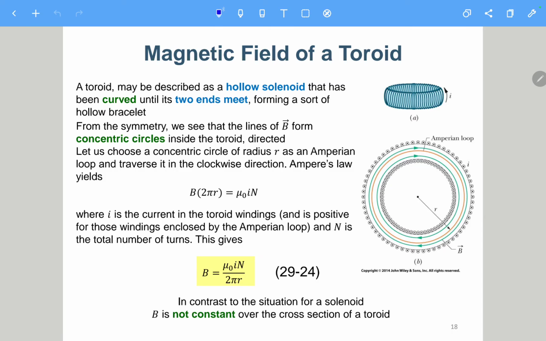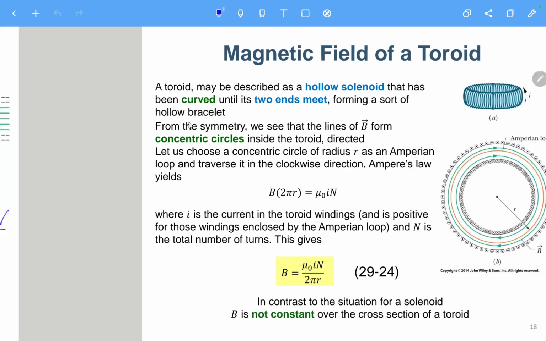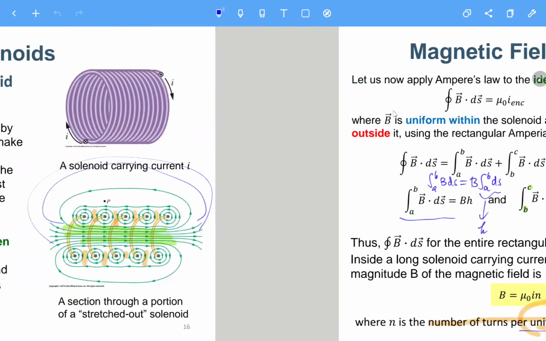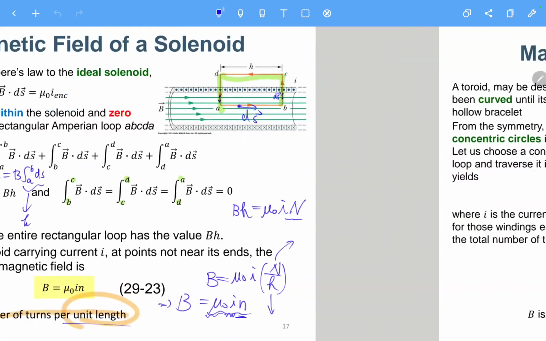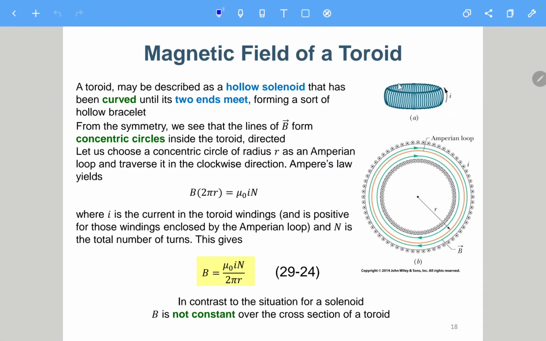Okay, so we finished the solenoid. Here we also talk about the toroid. The toroid is like you have a solenoid like this, maybe a longer one, and then you try to connect the front to the end, and then it turns out to be something like this.